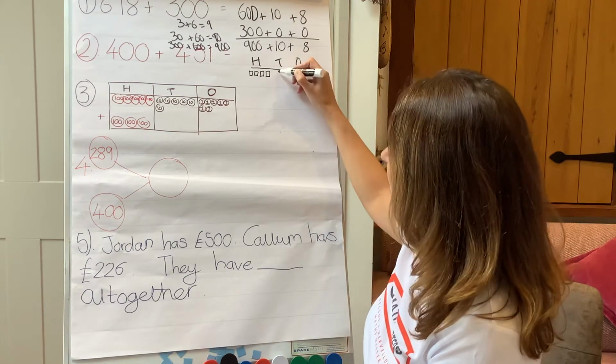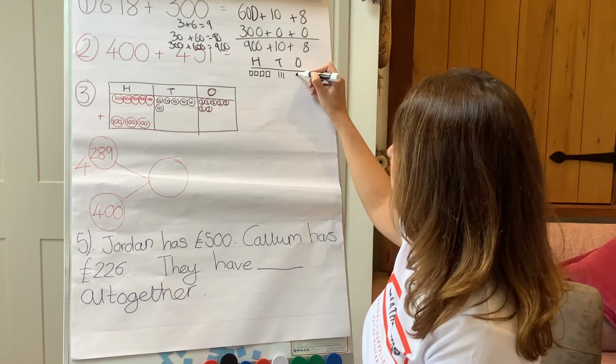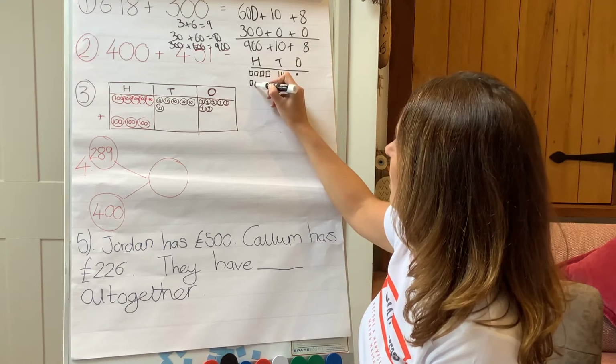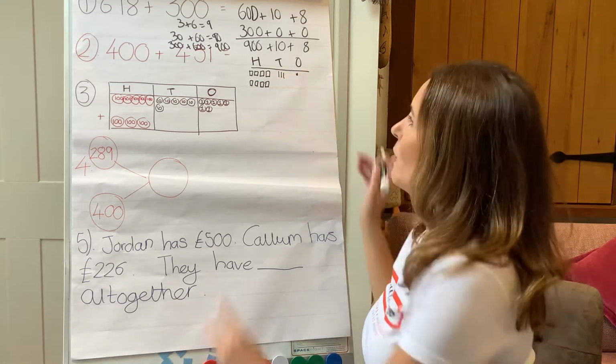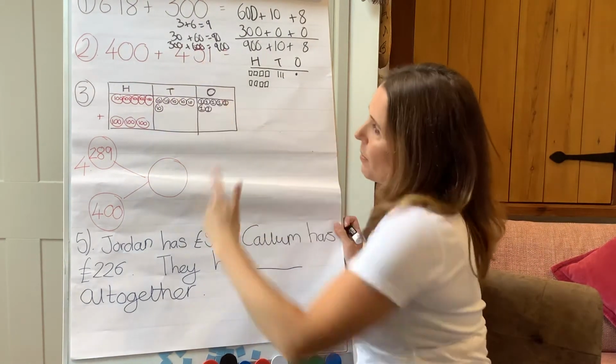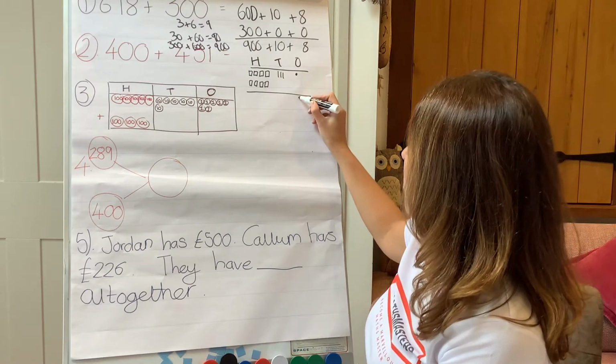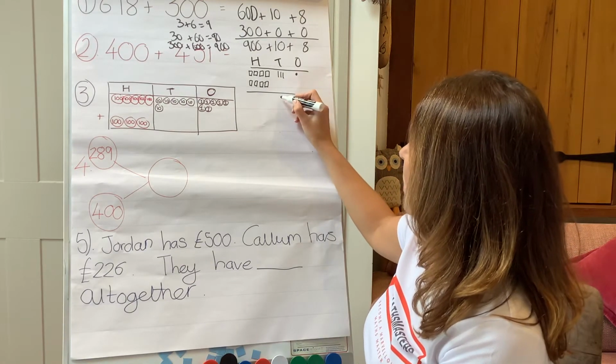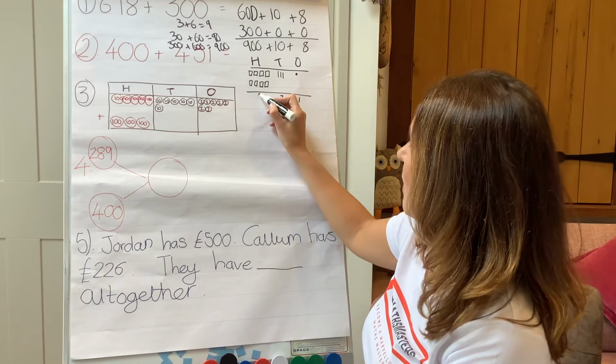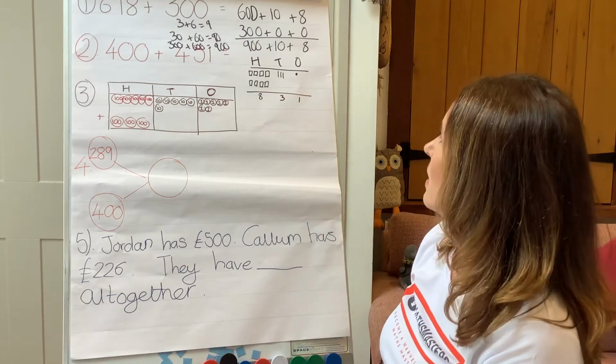So we've got 400, 30 and 1, and then we're going to add on another 400. I've changed the order of it because I'm starting with a bigger number, and I can add those together.